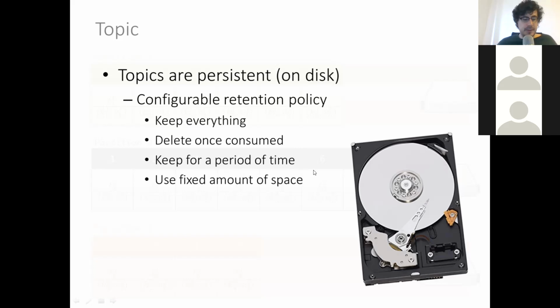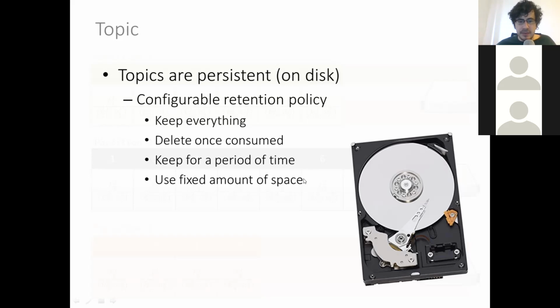For example, if we're reading temperatures from a sensor, we'll say, okay, keep the temperatures for the last day, and then rather than storing temperature readings every second, we can store an aggregate value for each hour or something like that. But here we just say we'll keep the records for a day, a week, a month, a year, or whatever, and then start to purge the older messages.